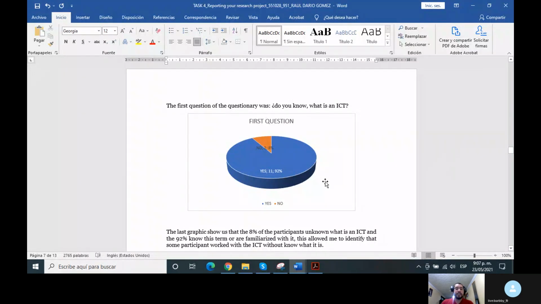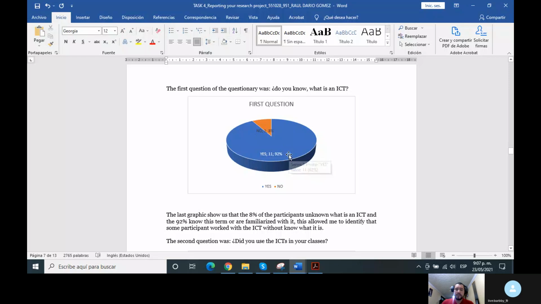If we check this graphic and the percentages of our participants' answers, the answer yes is 92%, and the answer no is just 8%.